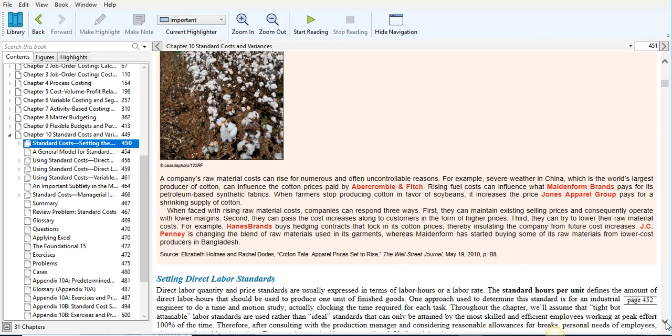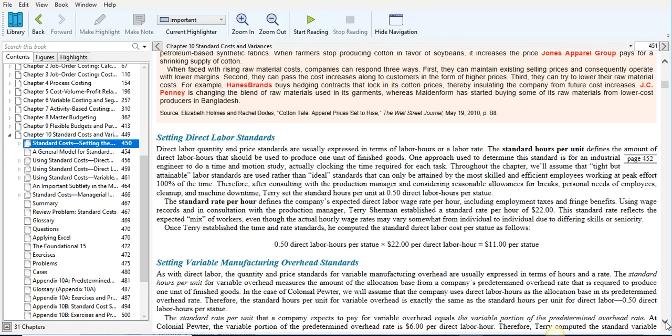When we look at direct labor standards, we're really looking at the standard hours. How long does it take to make these things? What kind of labor hours commitment do we have in order to produce this?